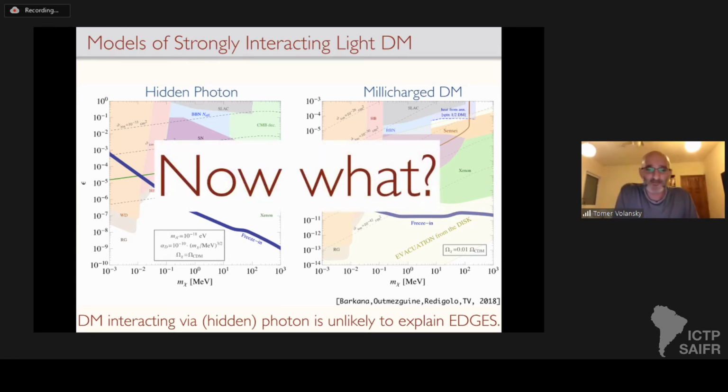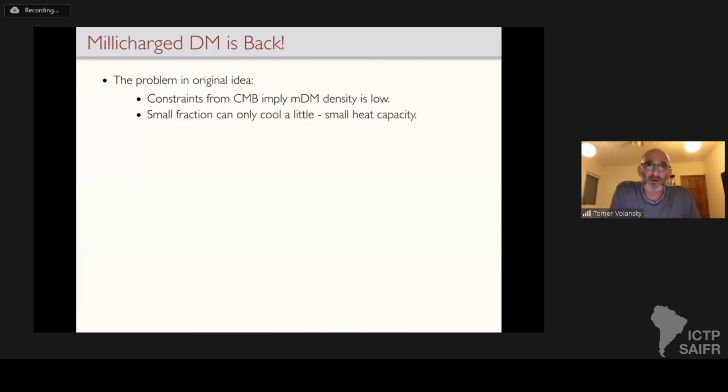So now what? Well, more recently, we came up with another idea to ameliorate the problem. So what is the problem? The problem is that on the one hand, the constraints from CMB imply that you cannot have too much of this milli-charged dark matter. Otherwise, because it interacts strongly with the baryons, it has a strong impact on the CMB.